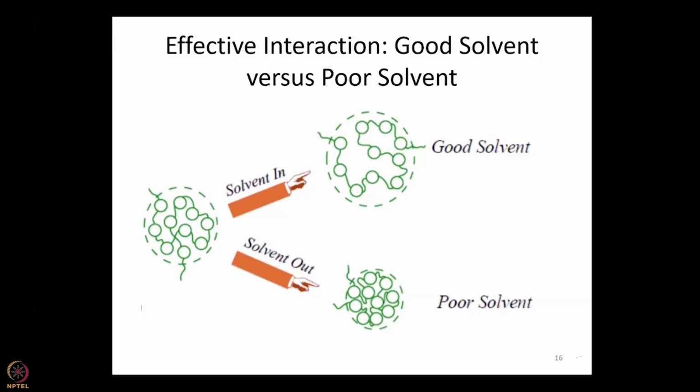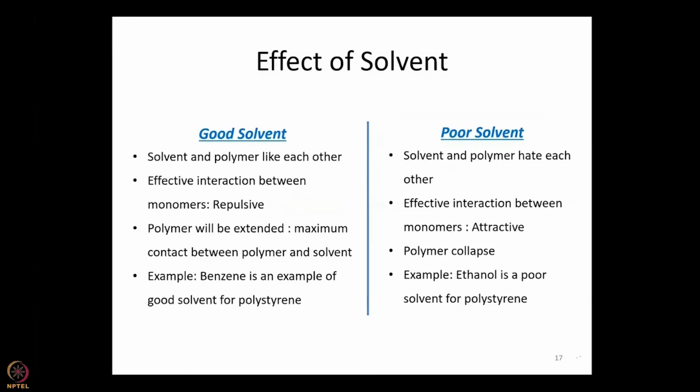And there is actually a transition between the two; you can change the quality of the solvent by changing temperature. At a certain temperature this transition takes place, which is called the theta temperature. So the effect of the solvent is very important. You will get the slides along with the talk, and you can look at them for revision.